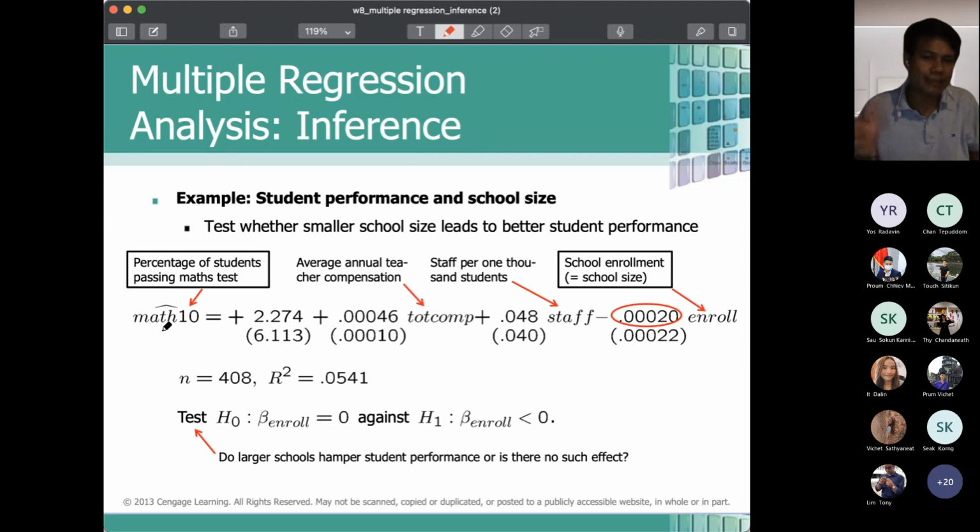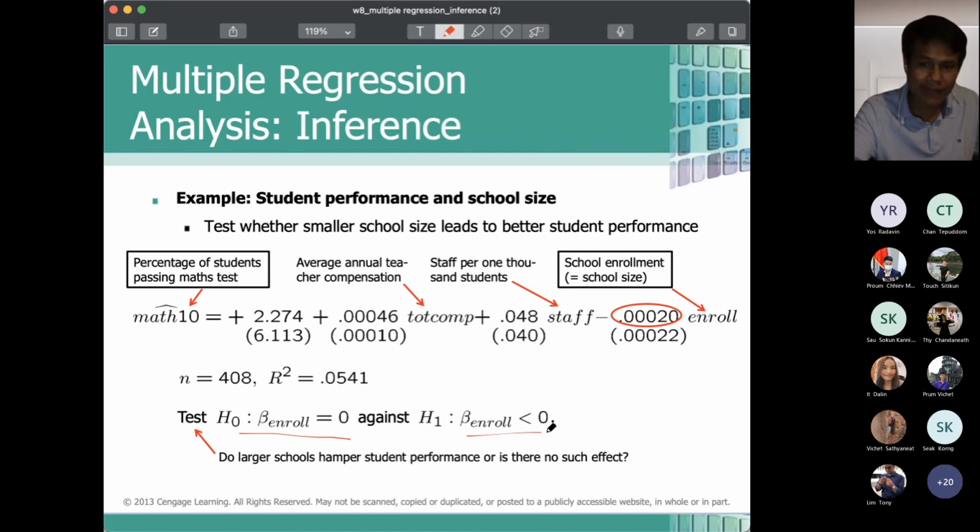Math score is a proxy for academic performance. So the null hypothesis believes that the coefficient of class size, which is approximated by enroll, equals 0. It means that class size does not affect math score.